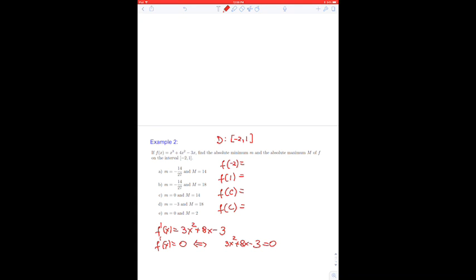Now, this is a quadratic function. I will try to factor it. This is 3, that means I need 3 and 1. 3 times 1 is 3, but I need a negative. I will put negative. 3 times 3 is 9, minus 1 is 8. Okay, and the zero product property tells me that this is 1/3 and this is negative 3.